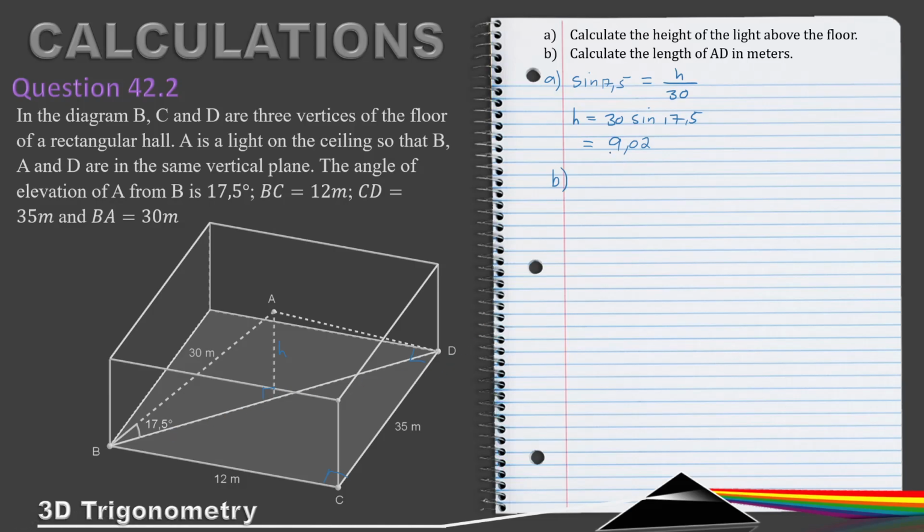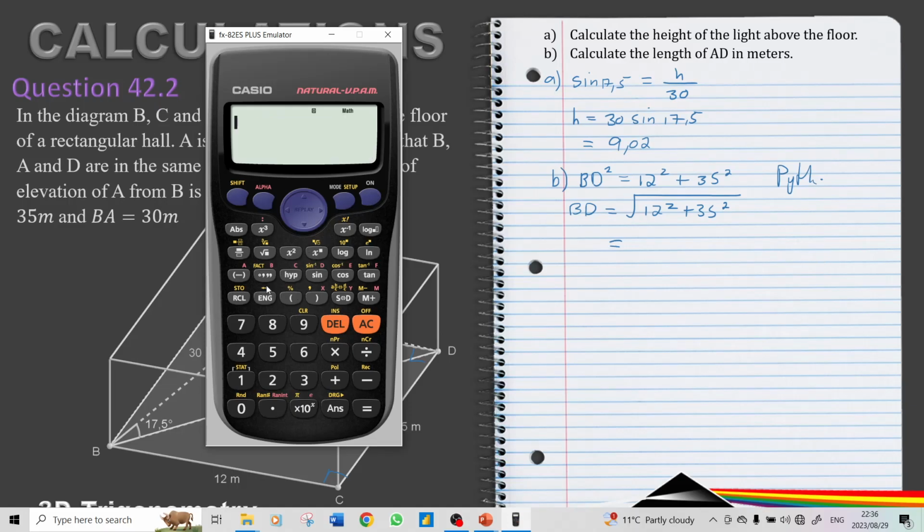We're just going to use Pythagoras. So BD squared is equal to 12 squared plus 35 squared. You can just say Pythagoras. Okay, and then solving for that, we just take the square root. Okay, and calculate. So that's 37.